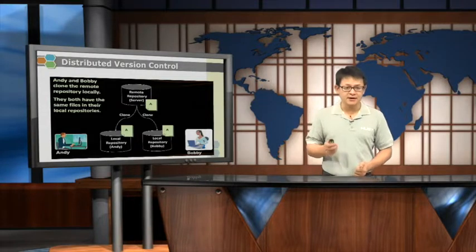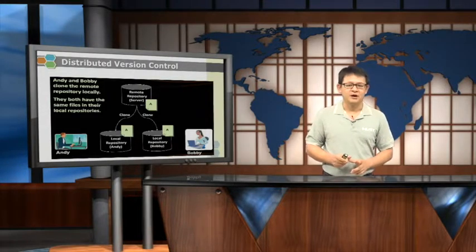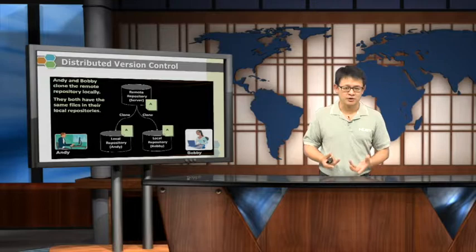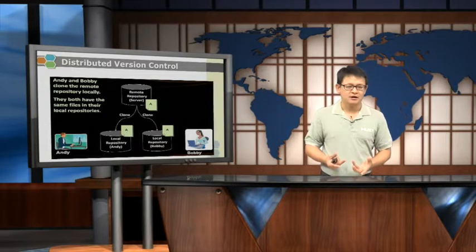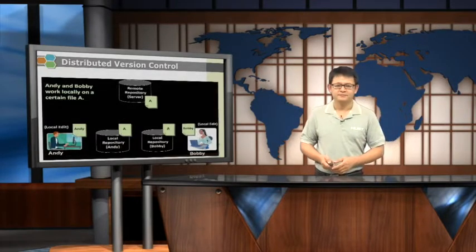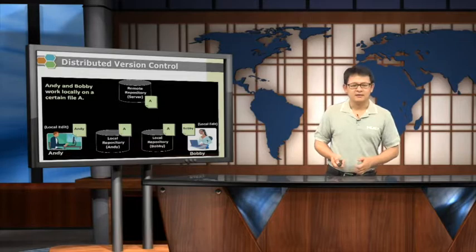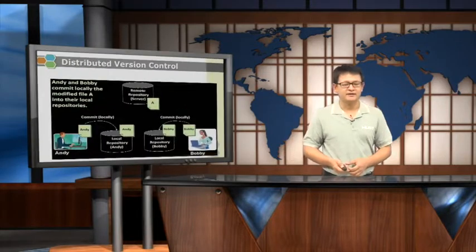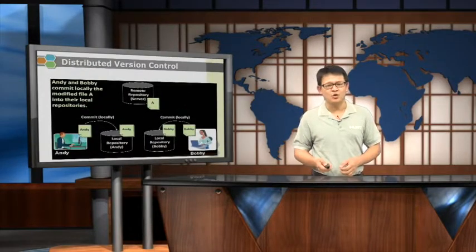So here it is distributed because we don't have only one centralized remote repository. Actually, in each local working space of each developer, they already have a local repository. And then Andy can make some changes and commit it locally. Bobby also can make some changes and commit it locally.